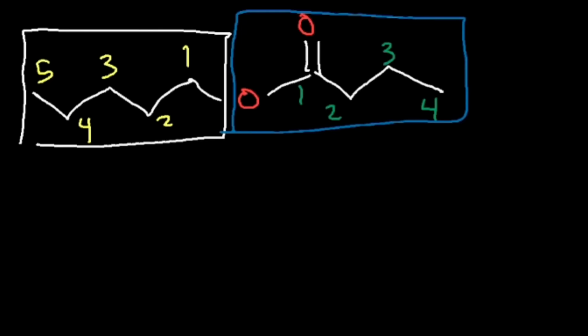The part that doesn't have the 2 oxygen atoms is on the left, and that's the part we want to name first. 5 is associated with pentane, but we're going to replace ANE with YL. So this is going to be called pentyl. And on the right, we have 4 carbons, and that has the 2 oxygen atoms, so it's going to have the OATE. So instead of saying butane, we're going to say butanoate.